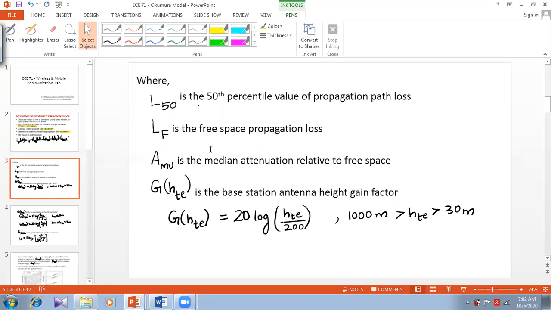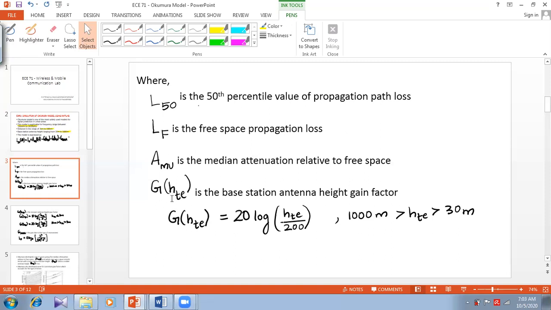Okumura generated a curve by applying a few conditions, and we will be using this curve to calculate the value of AMU for a given frequency and a given separation distance between the transmitting and receiving antenna. I have taken a graph, so we will see how we calculate this.